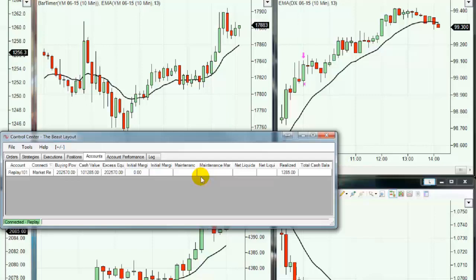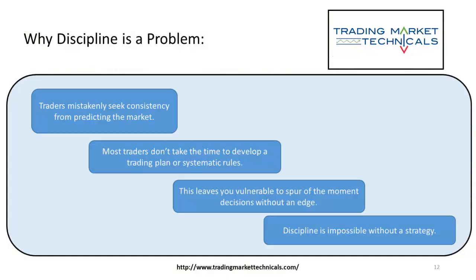But one of the biggest mistakes, let me actually get to the next slide, which starts to talk about the mistakes, is consistency. People will pop in randomly. They may not take every trade. They'll cherry pick a trade. So now what they're doing is they're changing that edge, that probability. It may no longer be in their favor.